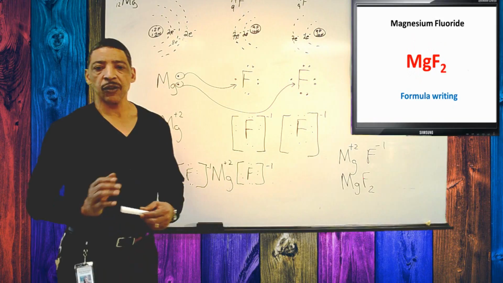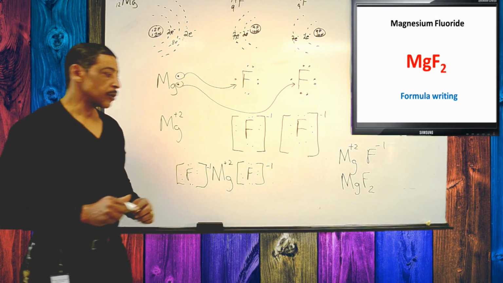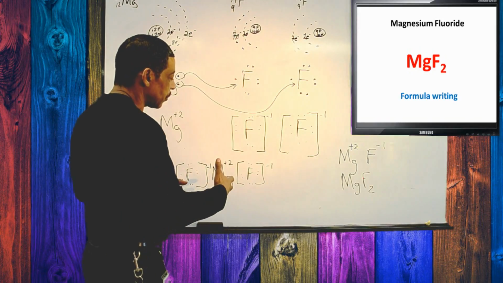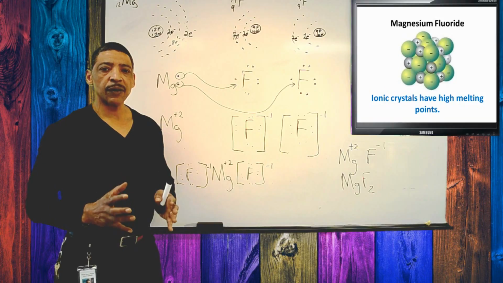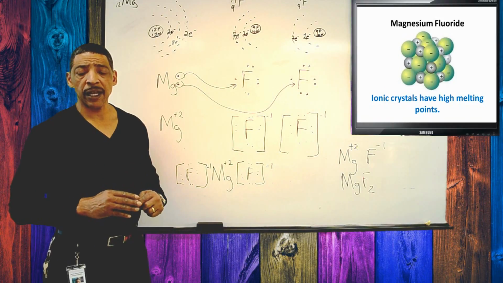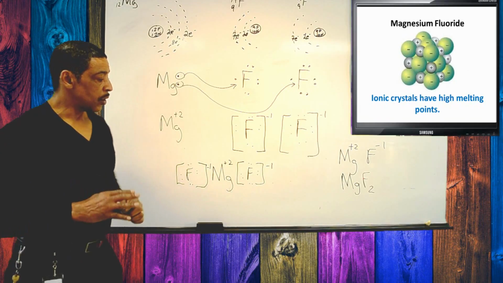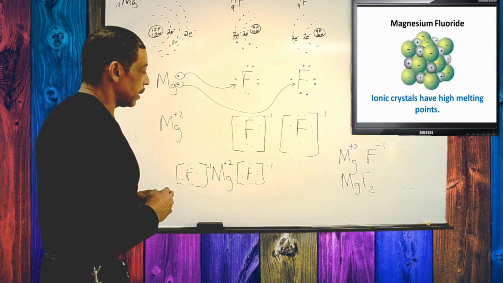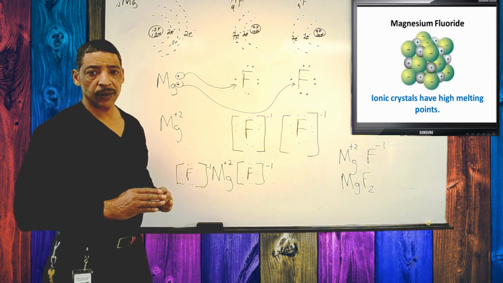It is important to remember that ionic compounds, or salts, will join together in their ionic forms to form a crystal that is very stable. Therefore, ionic compounds will have very high melting points. And when dissolved in water, ionic compounds will conduct electricity since they are electrolytes.